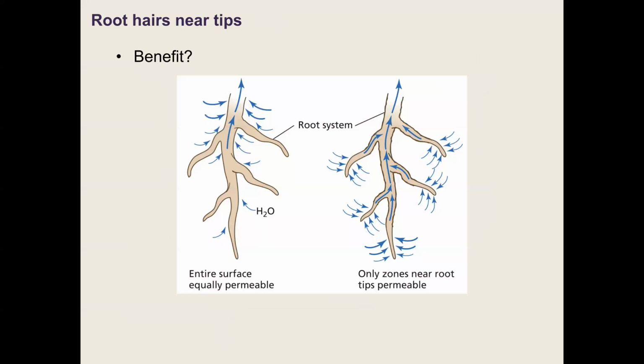So another feature that we didn't really think about before, but if you think about what we covered for secondary growth. As secondary growth happens, the root gets thicker and also sets up more of a barrier to the outside. So the root hairs are really only present in the young roots, and those would be existing at the tips of the root system.